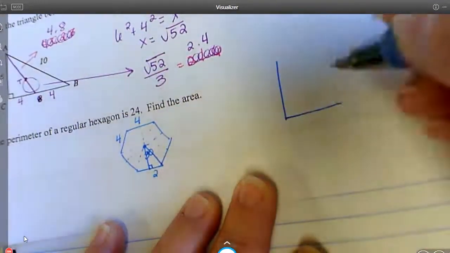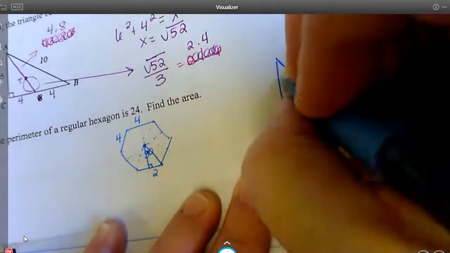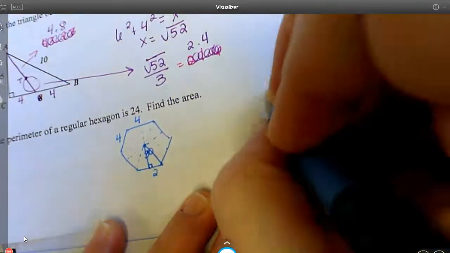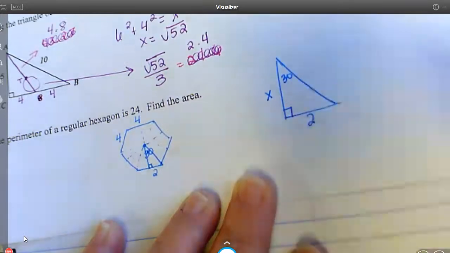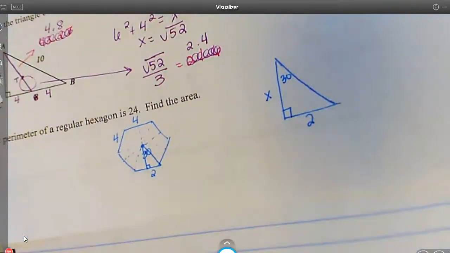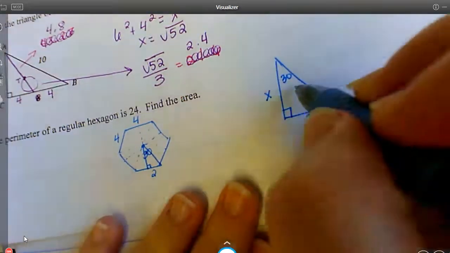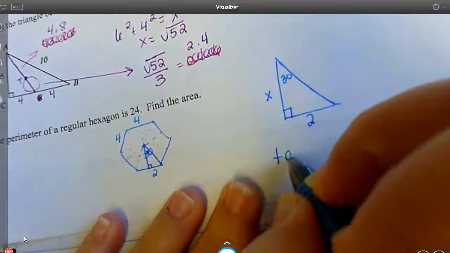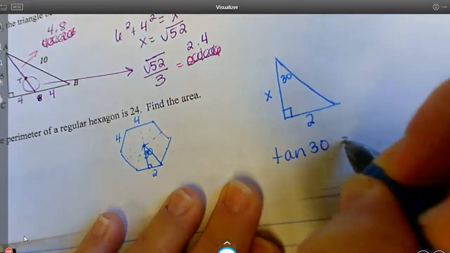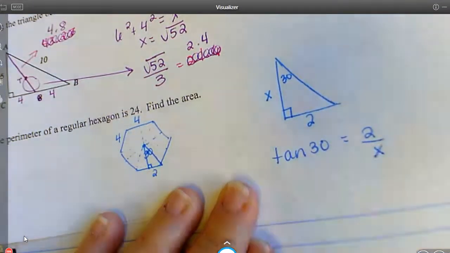I want to make that triangle over here. This is 30, this is 2, and this is what I'm looking for, and there's my 90. SOH CAH TOA, which one? Tangent. Because that's opposite and adjacent. So we want tangent of 30 equals 2 over x.